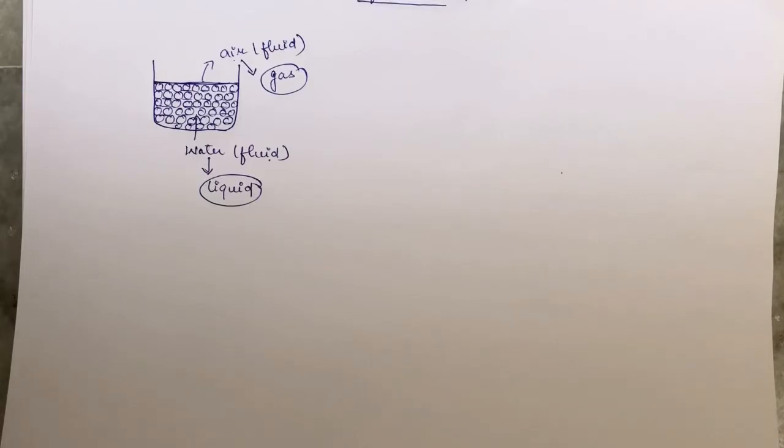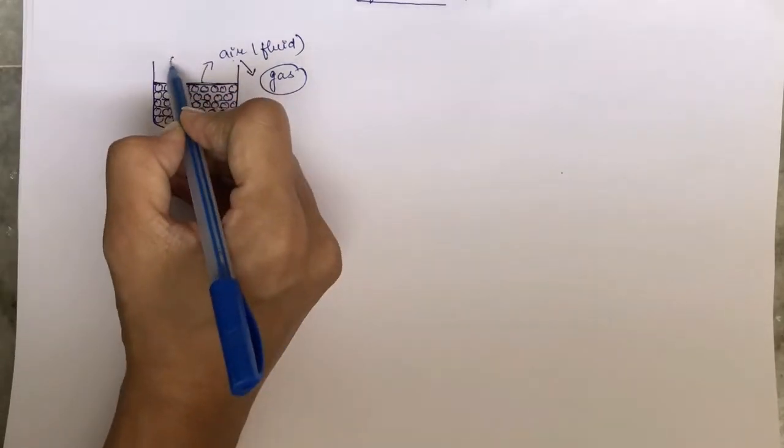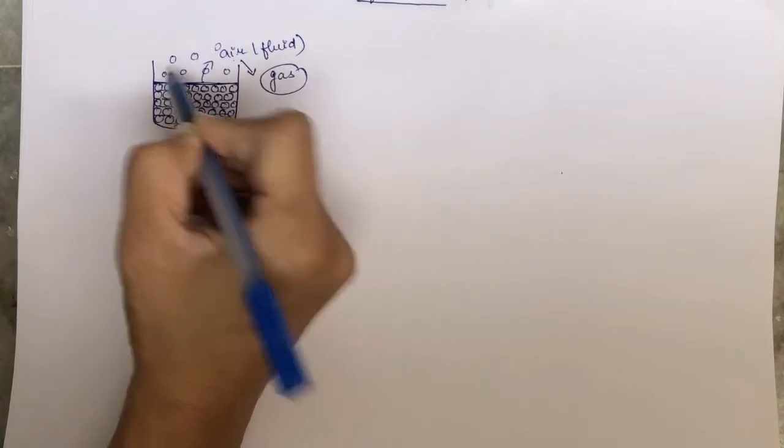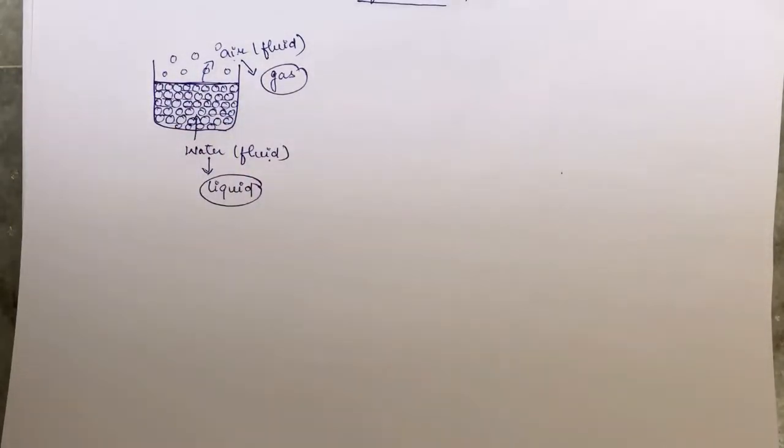But in the case of gas, as the temperature increases, the distance between the molecules increases. I am also drawing some molecules over here. You can see that the distance between the molecules in a gas is much greater compared to the distance between the molecules in a liquid, and the reason behind it is temperature.